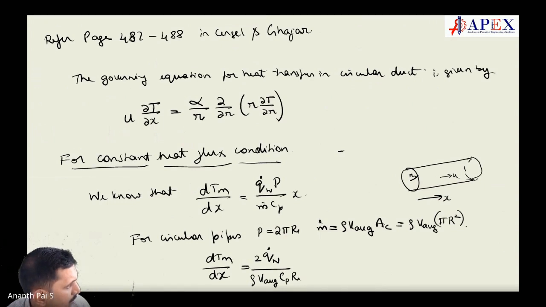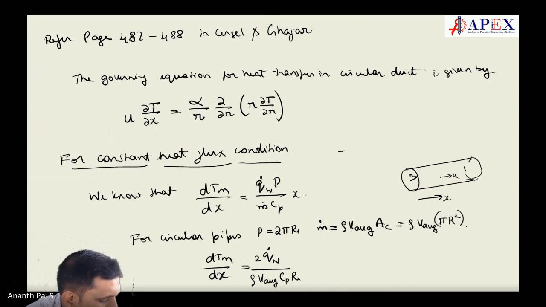This is dou Tm by dou x. Write this down. And then the Nusselt number comes for constant heat flux, because Nusselt number is important, is it not?